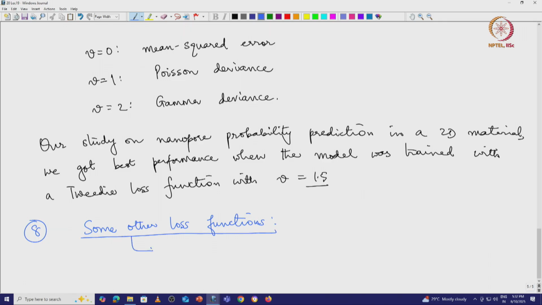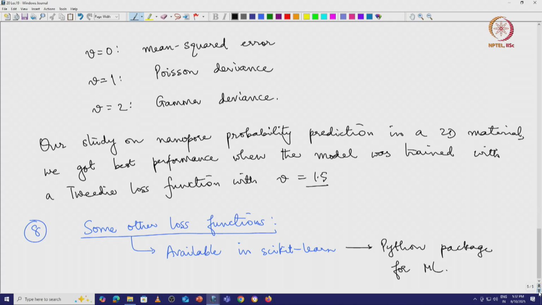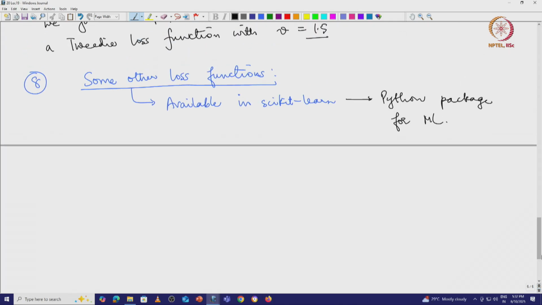Like I said, these are available in scikit-learn, which is a Python package for ML. In one of the previous tutorials we had discussed this package, and hopefully you will be using sklearn or scikit-learn in the future. So what are these two additional loss functions that I want to discuss?